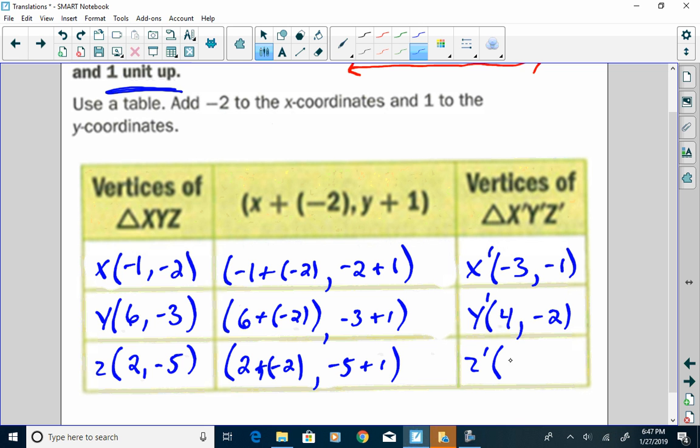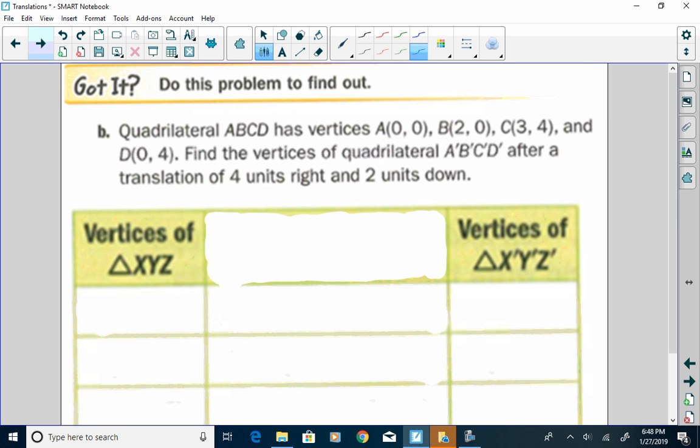So the location for Z prime: 2 plus negative 2 would be 0, and negative 5 plus 1 would be negative 4. So we have found the locations of the vertices of the image without actually using graph paper. We're simply using mathematics and a rule to find each one of our image points.